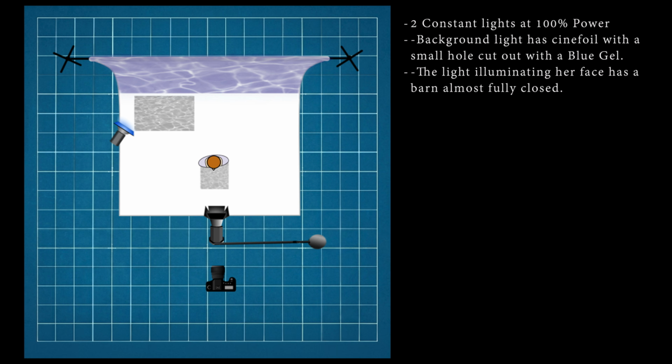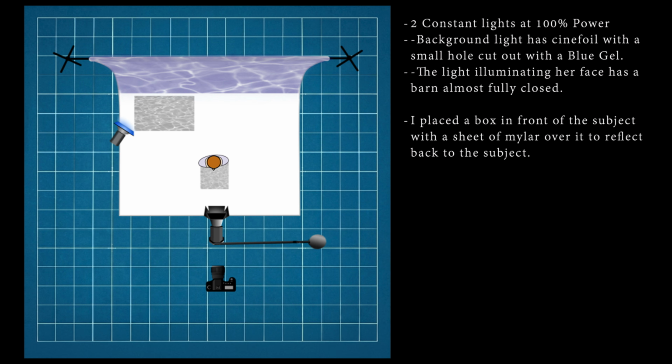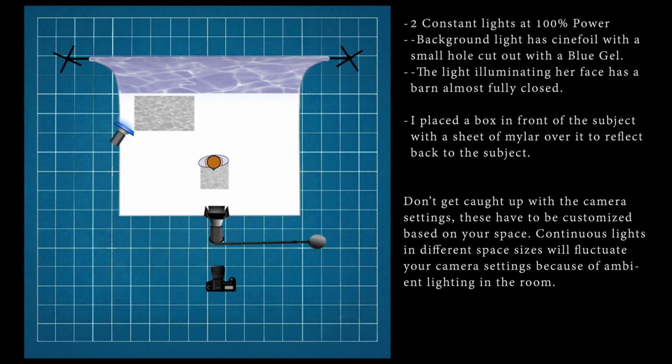The light illuminating her face was also a constant light with a barn door that was almost fully closed, and I placed a box in front of the subject at height length with a sheet of Mylar to give that beautiful reflection back to her. Remember, you are shooting manual when using constant light, so please do not get caught up with what my camera settings were, because it is different for everybody depending on the ambient light of your room. Just know that my constant lights were both at 100% power.